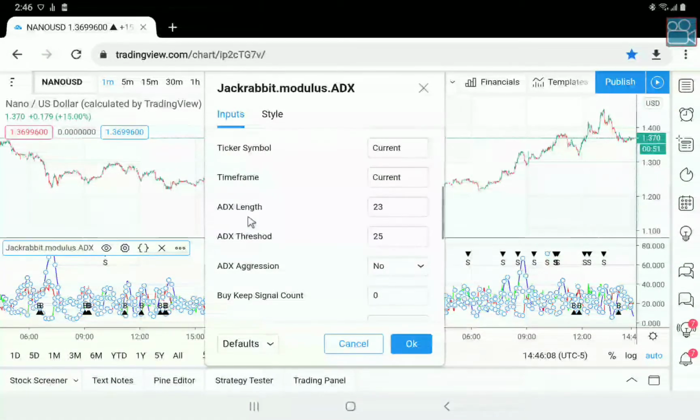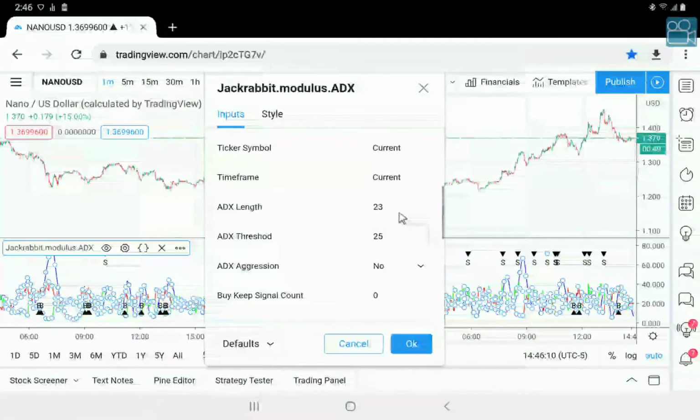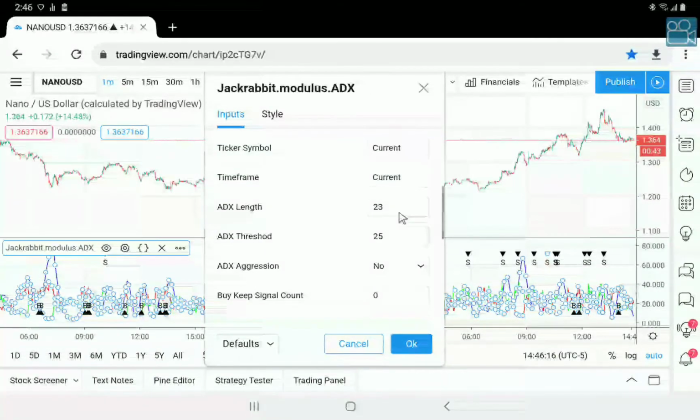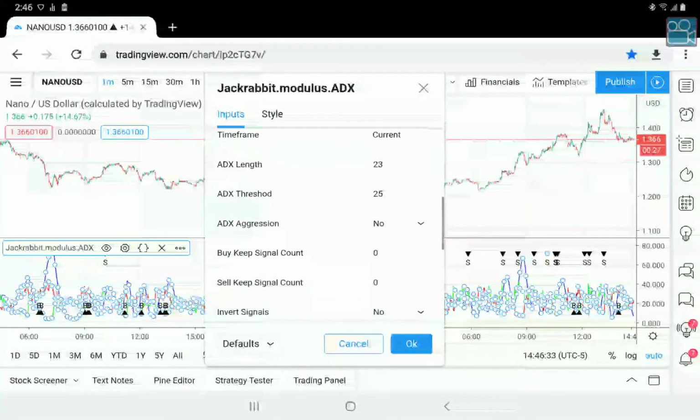The default configuration, the ADX length, is set to mimic the trend hunter out of the main Jackrabbit indicator. The trend hunter itself is obsolete by this, as it is simply far more capable.